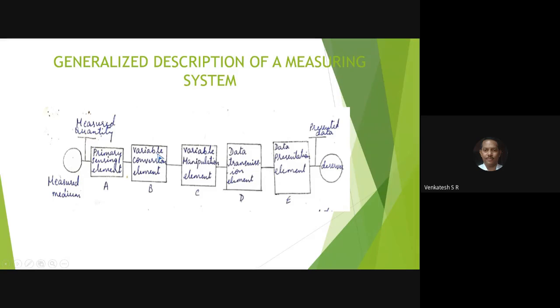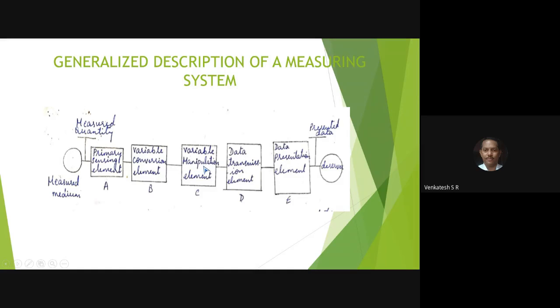You can add or delete some of the contents of the input and vary the input coming from the primary sensing stage; that will be amplified, rectified, and again fed to the third stage, the variable manipulation element.